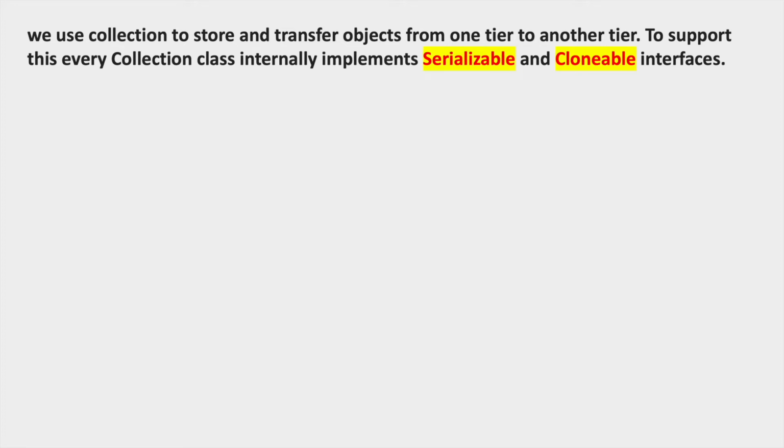To transfer the data securely from one type to another type. Why is the Cloneable interface implemented? Generally, when you transfer the data from one type to another type, they will not actually work on the actual object. They will clone the object and then perform the operations on that cloned object. That is the reason the Cloneable interface is implemented.